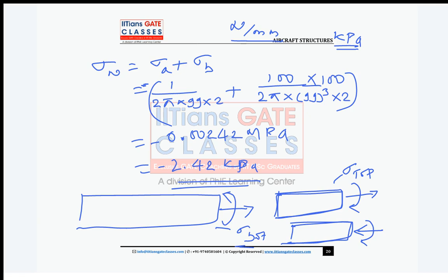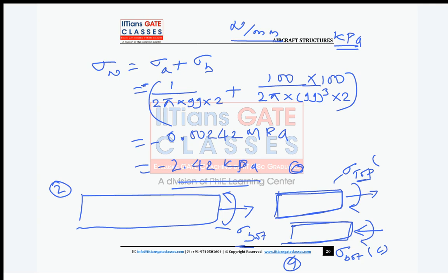Yes, it will be maximum at sigma bottom, and it will be compressive. This is case 2, case 3, and case 4. Case 1 is already asked. Case 3 is tensile or compressive? And case 2 is tensile or compressive?